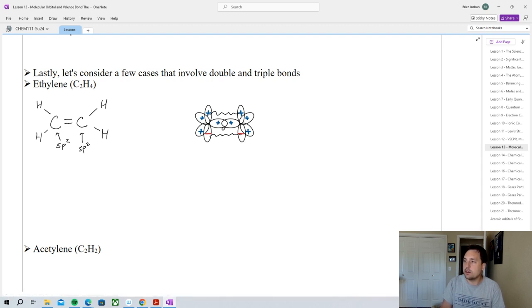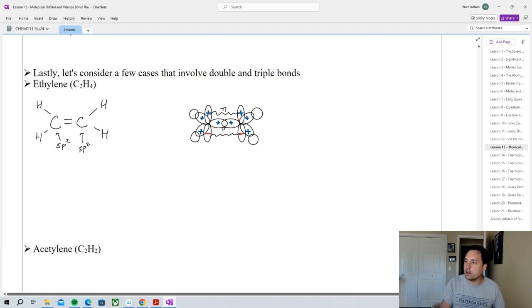So we have a sigma bond, and then we have the pi bond. That's how you form a pi bond. And then the rest of the orbitals will combine with the hydrogens on the end. And we get our molecule.